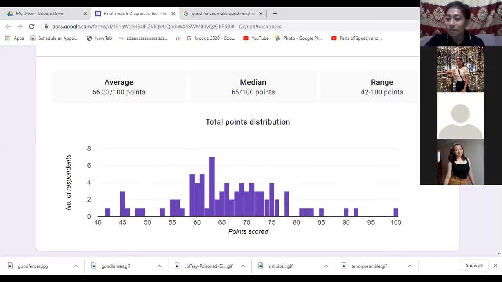Oh, she's shy of revealing herself. Hold on, let me read the chat. Oh, that's Luna. Luna got the 90. Okay. And then we have 85.